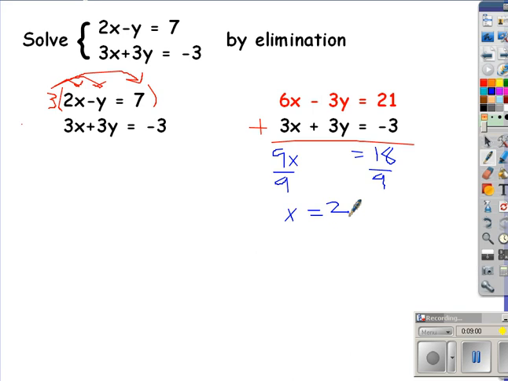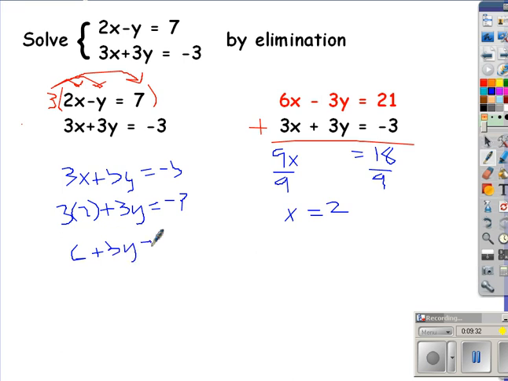Halfway done. Now I just have to pick one of the two equations. I'm going to pick the second one, just because. So I've got 3x plus 3y equals negative 3. I know what x is now. X is 2. So I'm going to substitute that in. 3 times 2 plus 3y equals negative 3. 3 times 2 is 6.